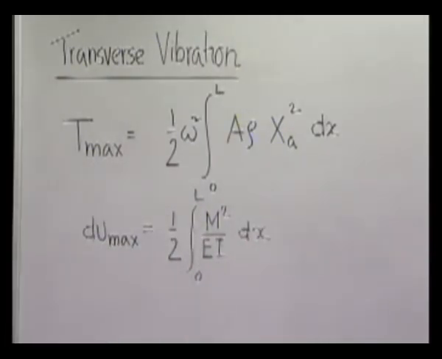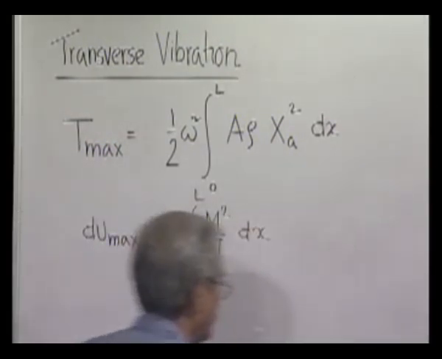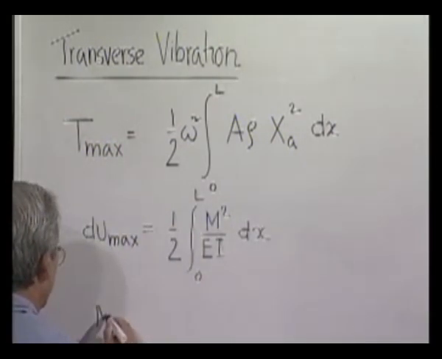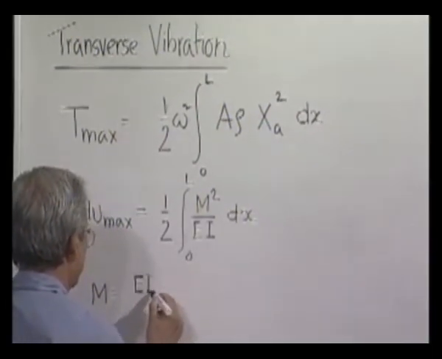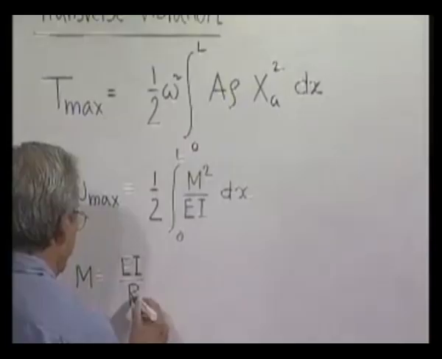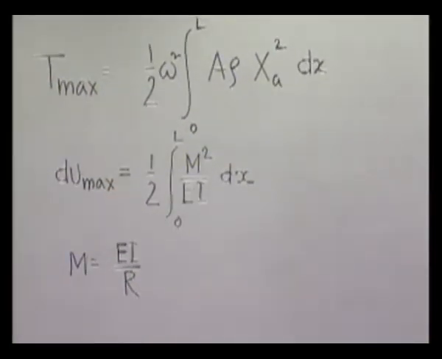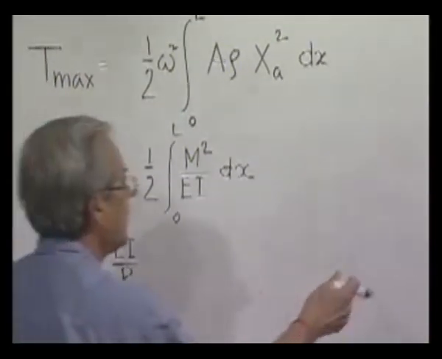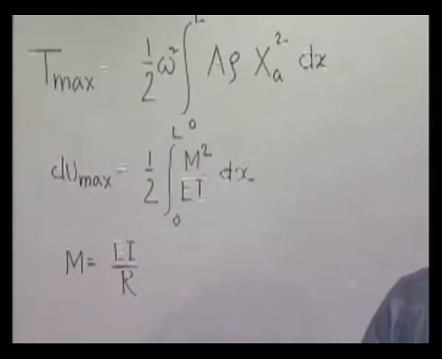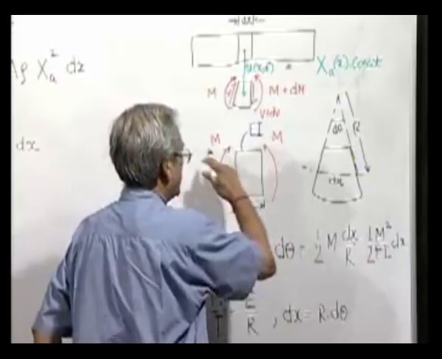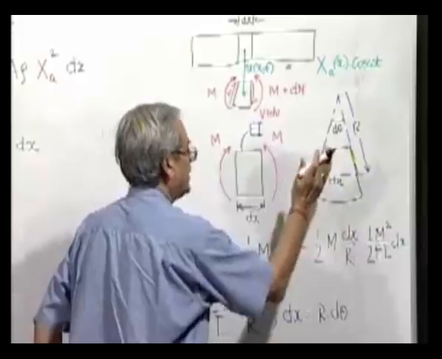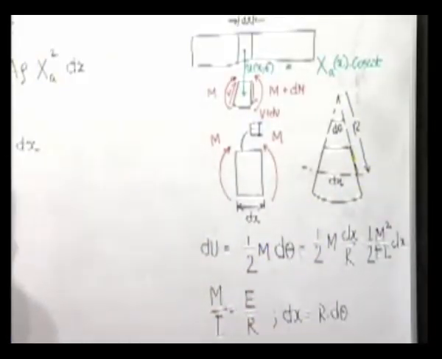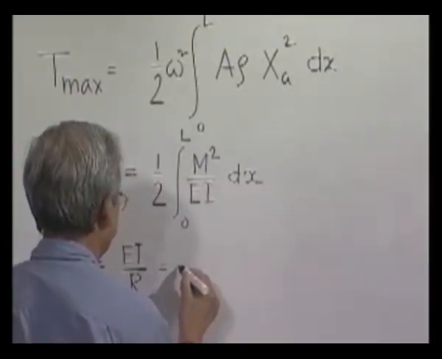We have already shown earlier that M is nothing but EI by r, and with the sign convention which we use for positive moment here, when the neutral axis bends in such a way that with x its slope gradually decreases, then the minus sign comes.